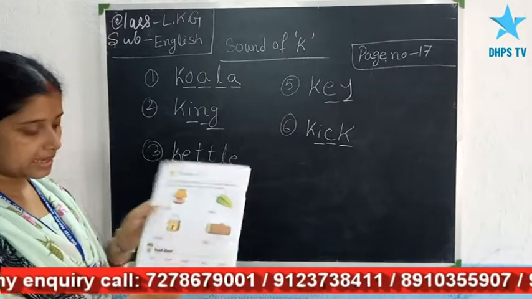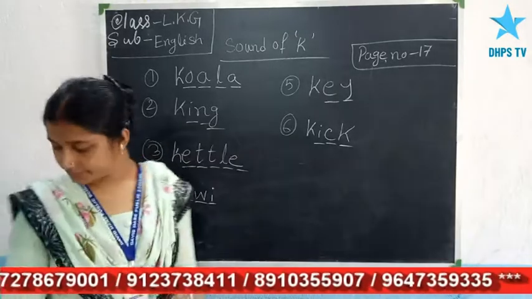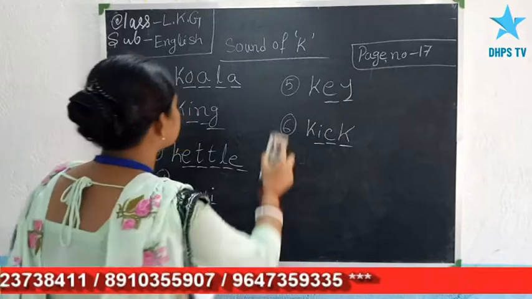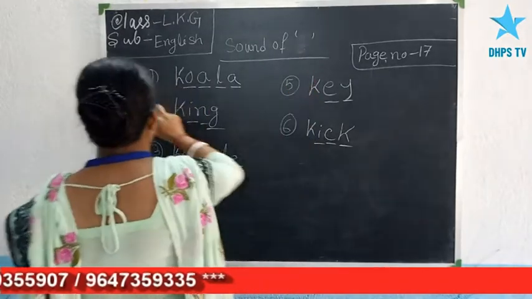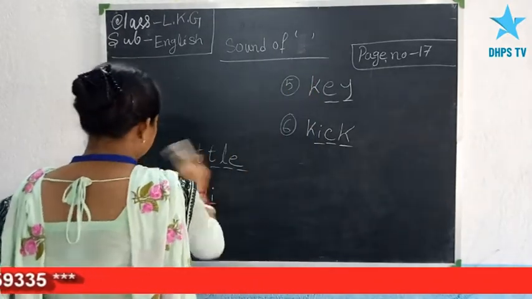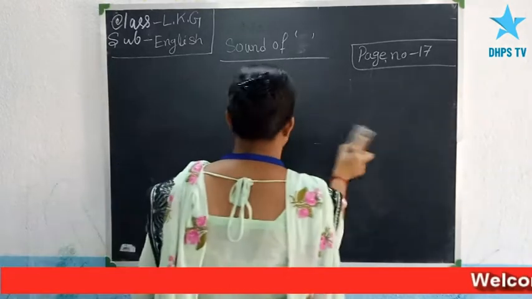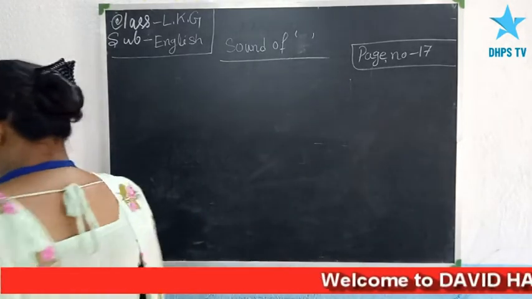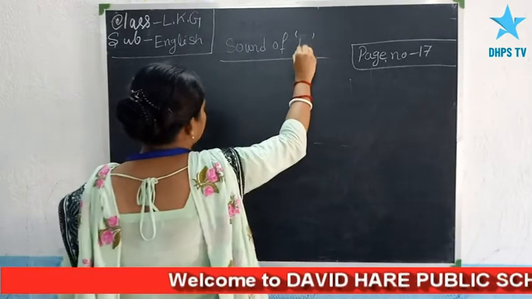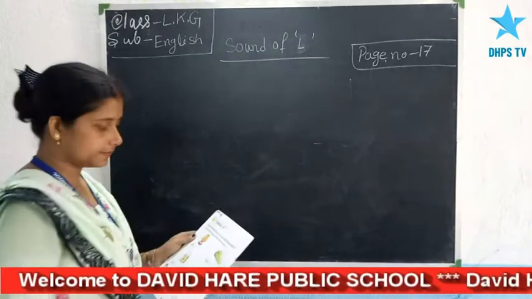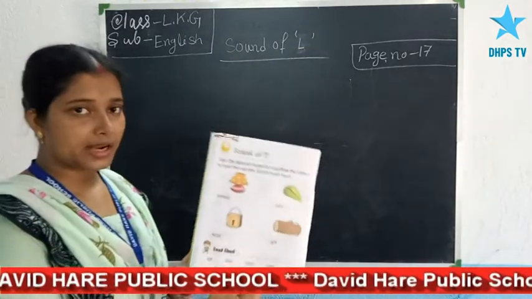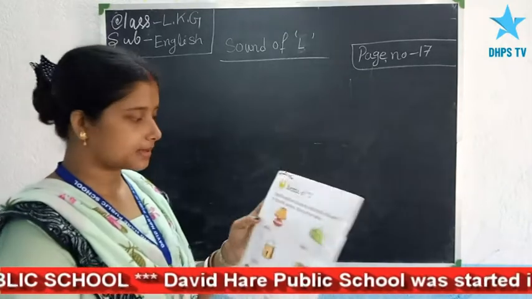Now turn to page number 18. And here the new alphabet is L. In page number 18, read the task.